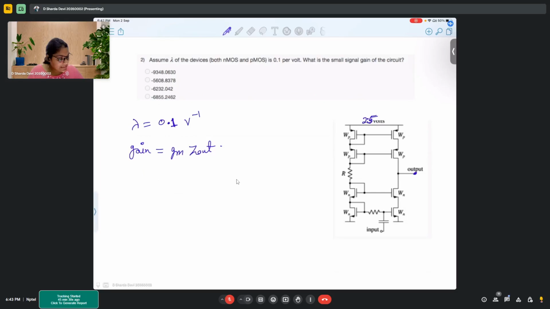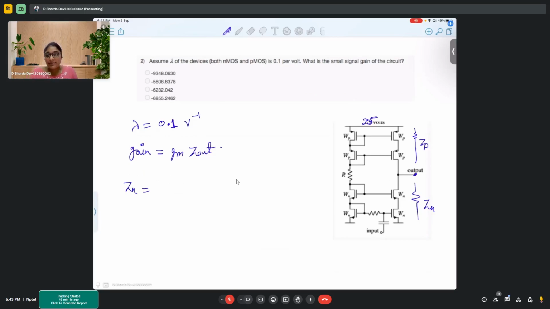Because of the PMOS transistors, these two transistors in series, we will get a resistance Zp. Because of these two transistors, NMOS, we'll get the resistance Zn. The parallel combination of these two will give us Z out.